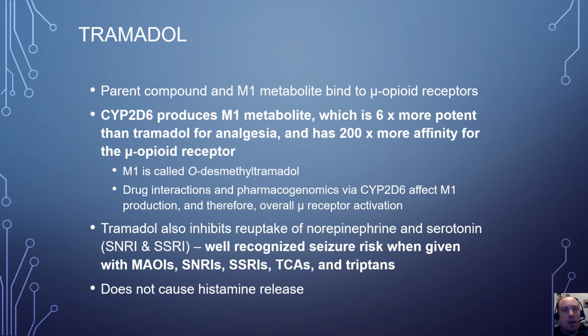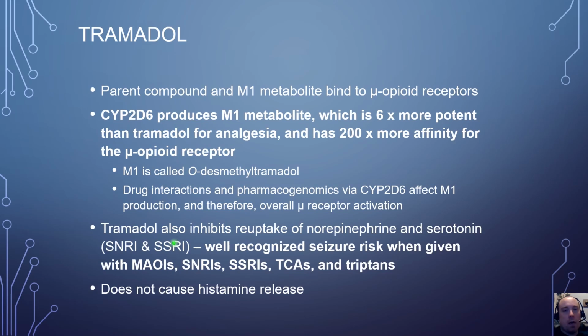The M1 metabolite, which is the active one that we're talking about, is O-desmethyltramadol. Okay, and I already mentioned these drug interactions. The other thing I wanted to add is that tramadol has the most profound SNRI and SSRI effects, meaning norepinephrine and serotonin reuptake inhibition.